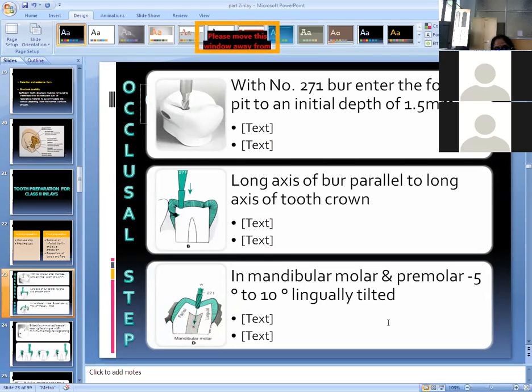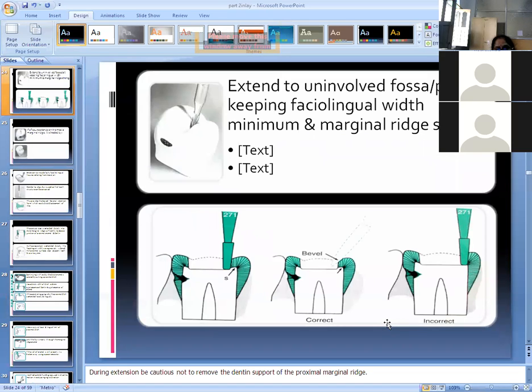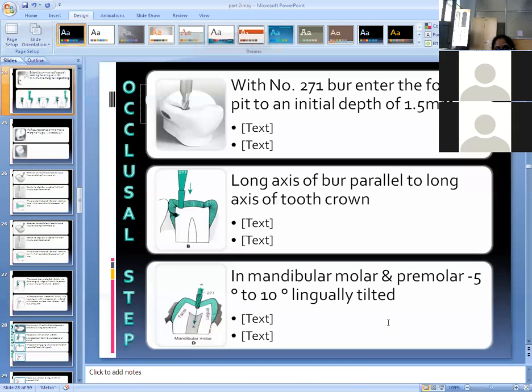So the 271 burr, which is usually used to make the pit, and then it is extended. The initial depth you are taking is 1.5 and then extending along the long axis parallel to the tooth structure. If it is a mandibular premolar, they will have the inclination, a lingually tilted tooth will be there.